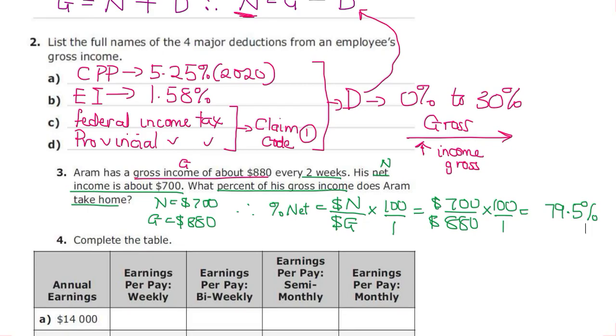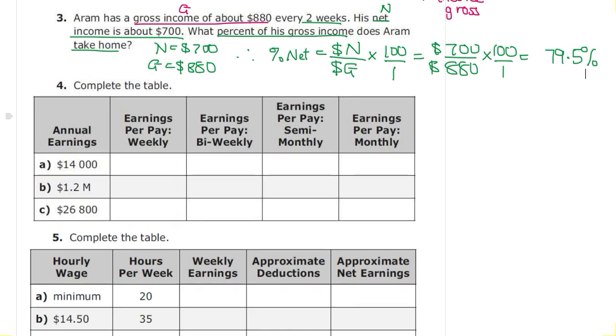So that is it for number 3, which shows the relationship in percentage between the gross income and the net income. Now, how about when you're given questions like this, for example, completing the table. In here I'm going to do A, and I'm going to encourage you to try to solve B and C yourselves. So for A, we have the first column, which says the annual earning, and we're asked to find the earnings per pay weekly.